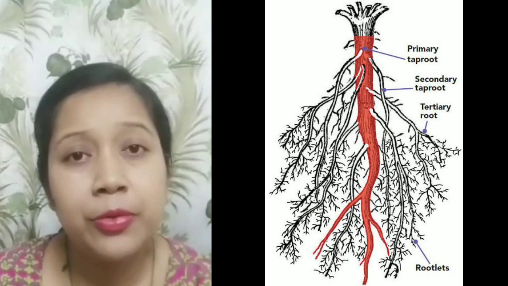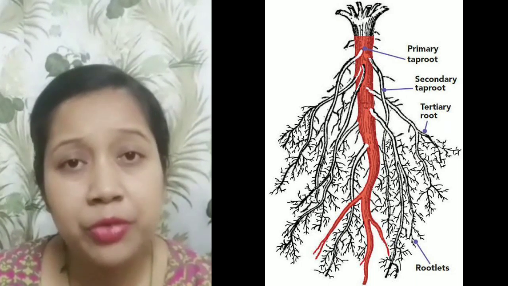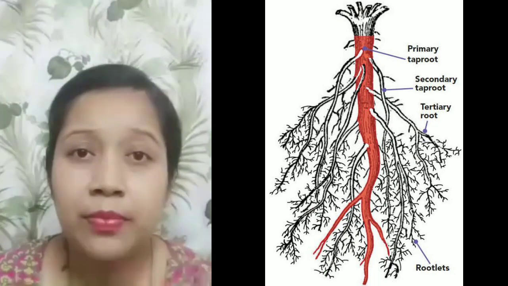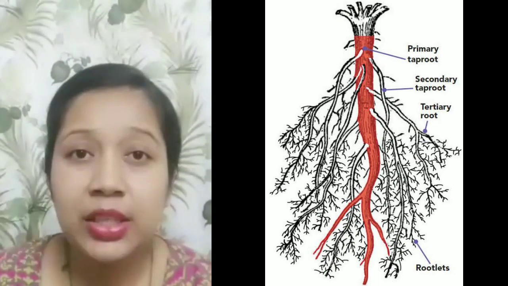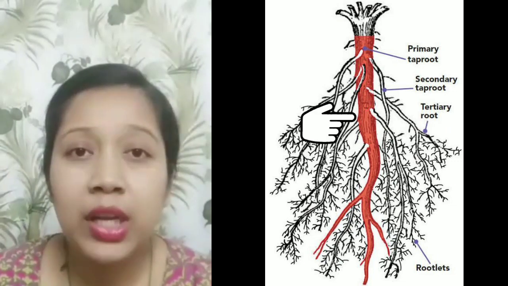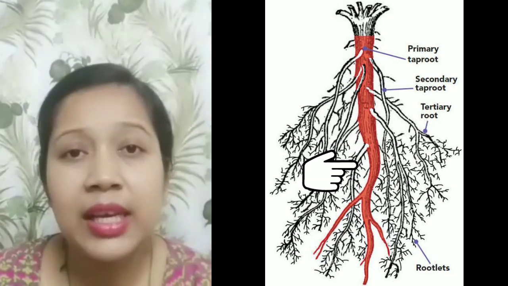So let's begin the class today. At first, we are going to discuss the modification of taproot. Before going into the modifications, at first we have to know what taproots are. In the diagram, I think you can now remember which were called taproots.